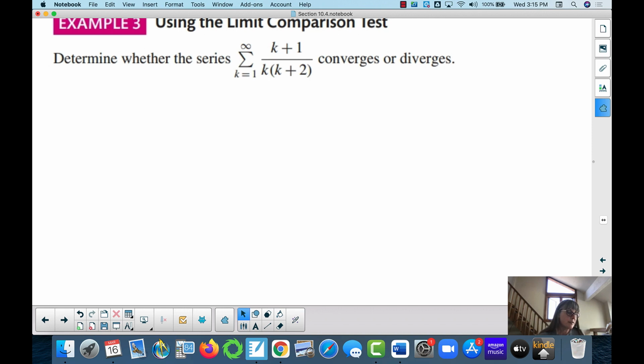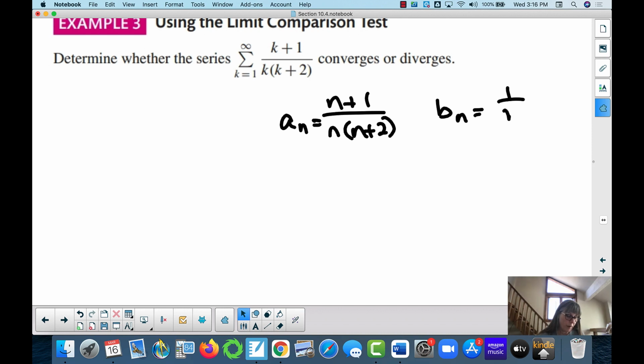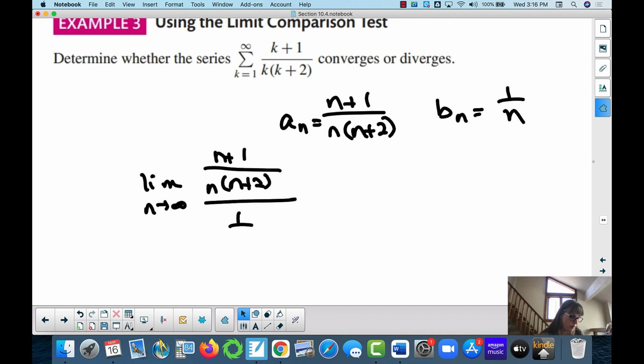Again, we'll choose the same ones. So our a sub n is this function with the n's. And we're choosing our b sub n to be 1 over n. So then we're going to do the ratios of those. So we do the limit as n approaches infinity of a sub n over b sub n, which is 1 over n.